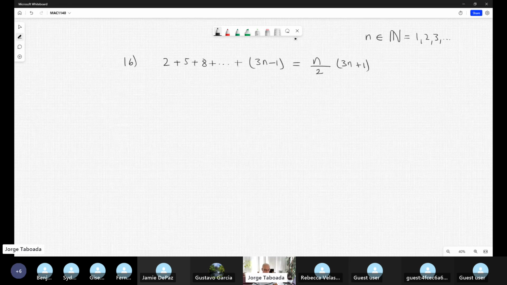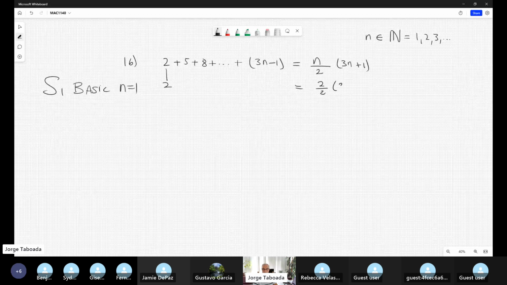Okay. So remember, we have two steps. Step basic, which normally is for n equal 1, which I call statement 1. Let's take the first. I'm plugging in the right hand side, n over 2 times 3n plus 1.